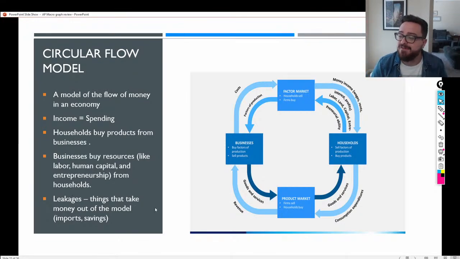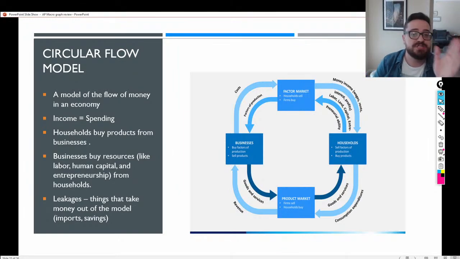If you are saving your money, a business pays me money, I hoard it. It's no longer flowing. It's been taken out of the model. So people or businesses saving and hoarding their wealth is also a leakage of this model. It is money that is leaving it. Money is no longer flowing in the economy if you save it or hold it back. It might eventually go back in when you spend it, but whenever you start saving it, you are taking it out of the economy.